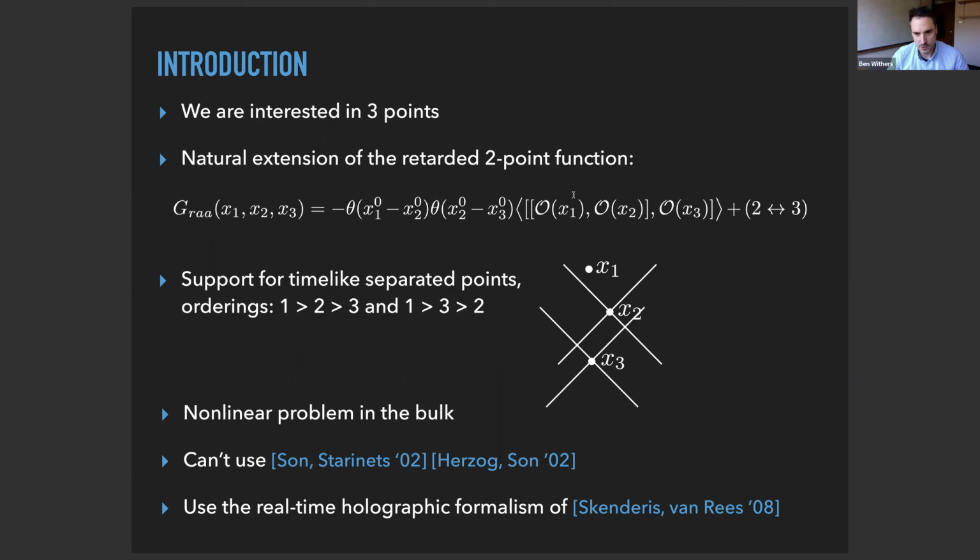We need these 3-point functions. So we're going to consider some interactions in the bulk. And it's not obvious that we can use these ingoing prescriptions that were given to us for the 2-point function case, these Son-Starinets or Herzog-Son prescriptions. And so we want to start from scratch using a real-time holographic formalism. We use the Skenderis-van Rees formalism, and we'll derive these 3-point functions from first principles using this formalism.